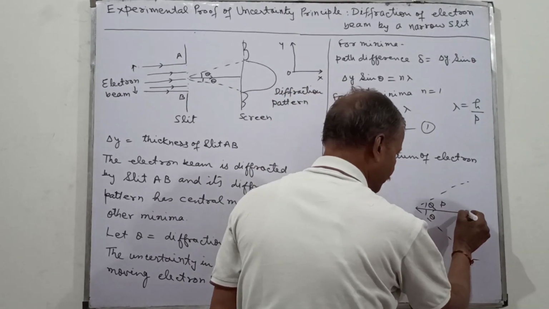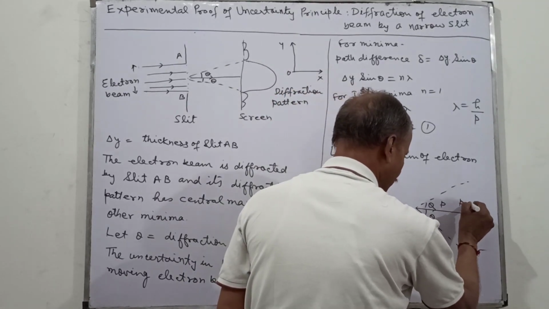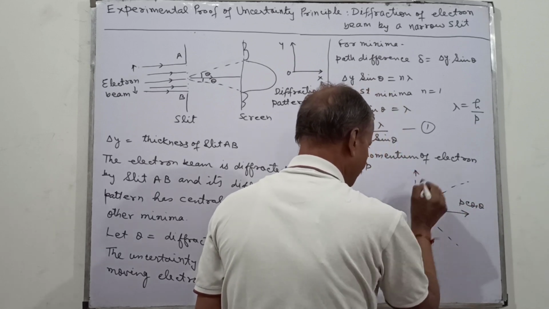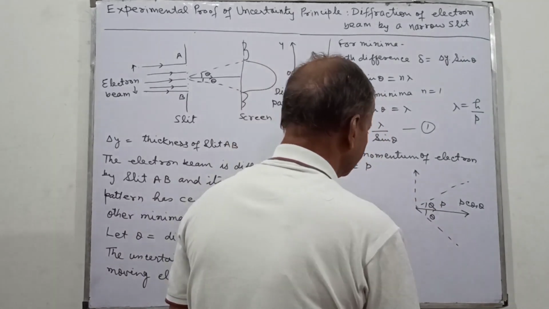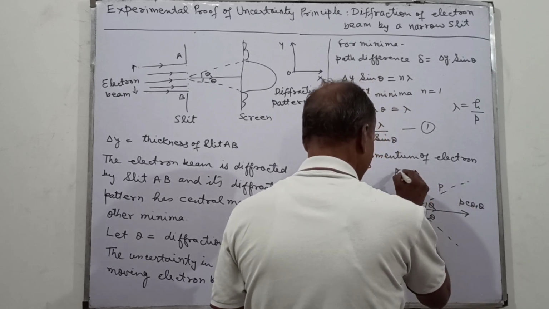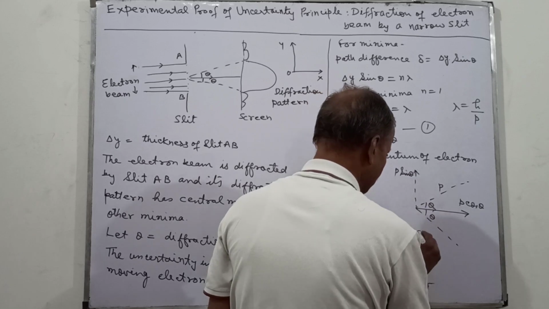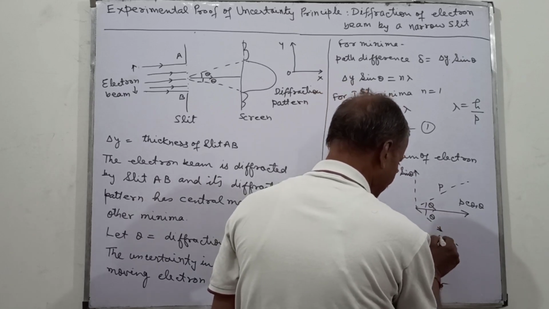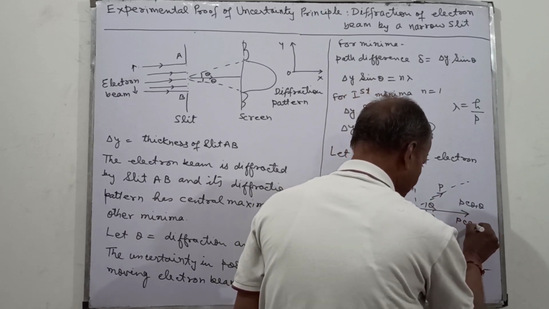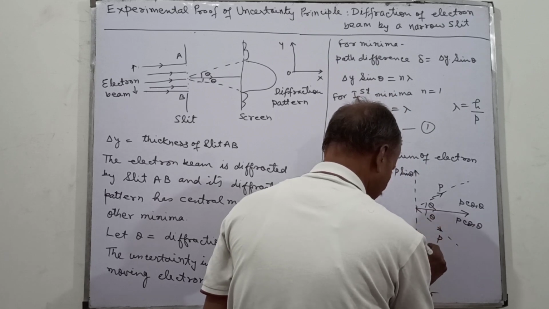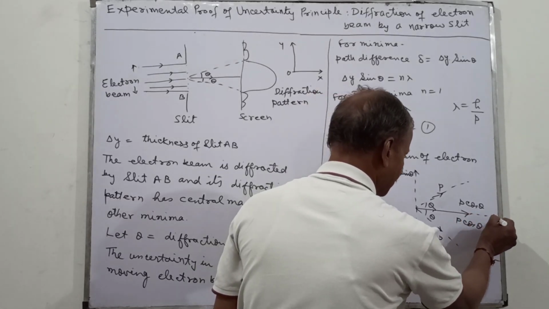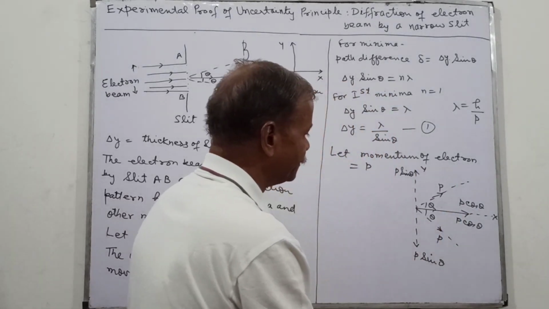So now we can have two components, one along this P cos theta, and this is now P sin theta. Similarly, on this side we have this momentum P, and we can have this P cos theta, and this is now your P sin theta. So this is along x-axis and this is along y-axis.